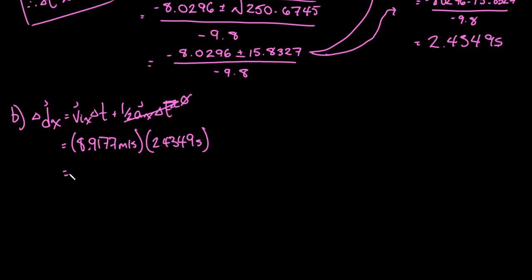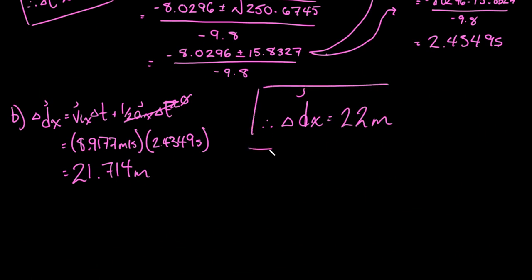Okay, and that's going to give us a displacement of 21.714 meters. So therefore, the displacement in the x direction, or the width of the moat, is going to be 22 meters. Okay, should probably put a direction in here. I know they didn't give us one, so we'll just call it forward.